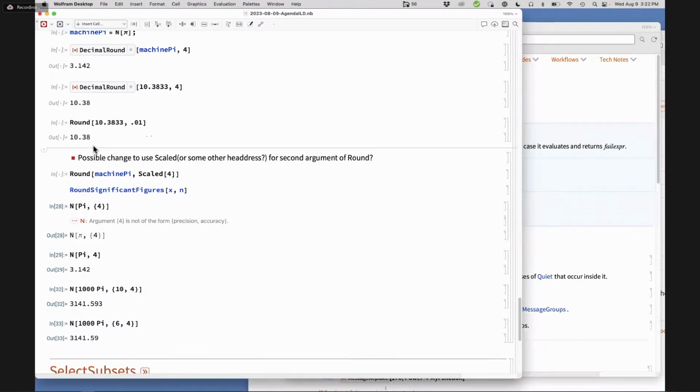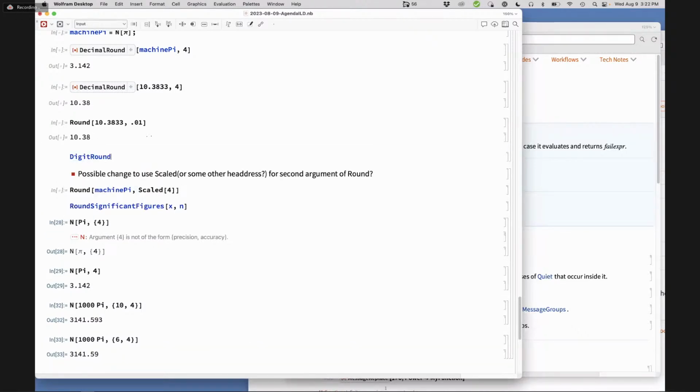What about something like digit round? Round to some number of digits. Which, by the way, would have to have an accuracy precision type thing in it as well. We'd have to decide what the default is. This is in some ways similar to decimal form. Which is probably why it was called decimal round.